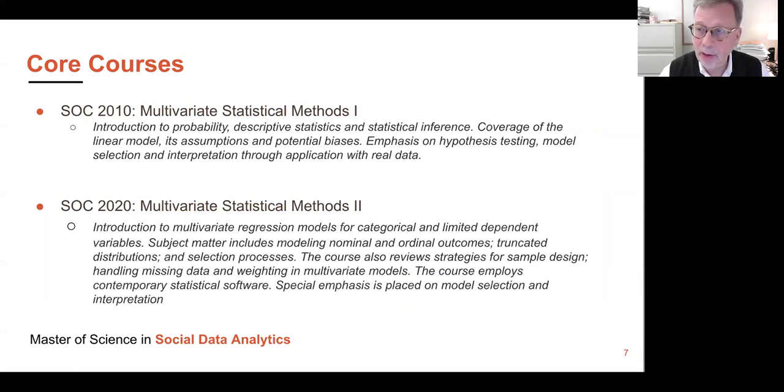In some rare instances, we'll have students who come with an advanced background in statistics, and we waive these requirements for those students, but that's not that common. So these are the backbone of the program, and then we have lots of different alternatives and options beyond these 2 courses. So let's look at some of those options. Next slide, please.